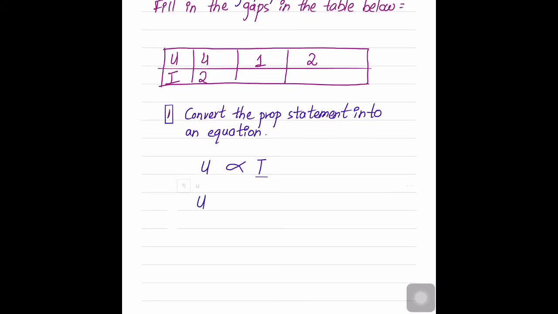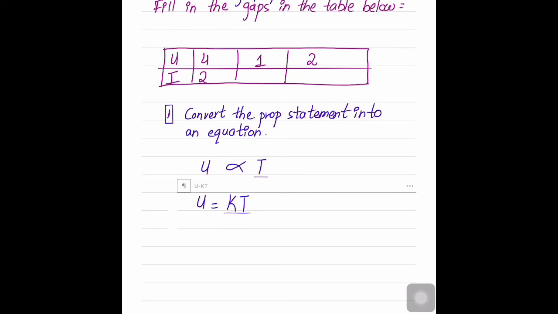Now we'll add in the constant of proportionality. So our general equation is u equals kI, right?